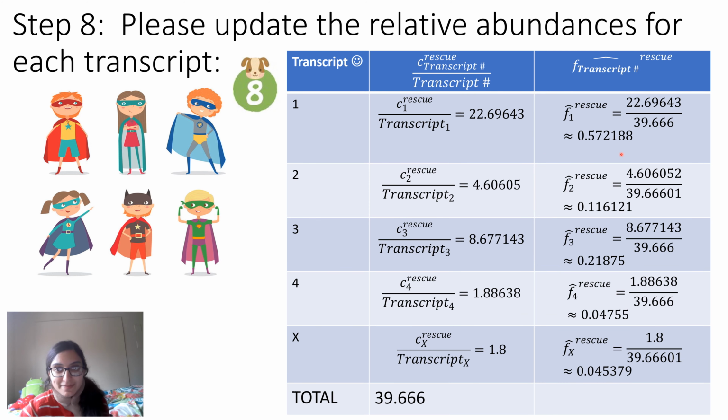So we're going to do the same thing for the others. We have this total value here, 39.666, and all these values here, even for the last one as well. We have this value, then this total that we're using, and here this 22 value that we just saw. Here is like 4.6.